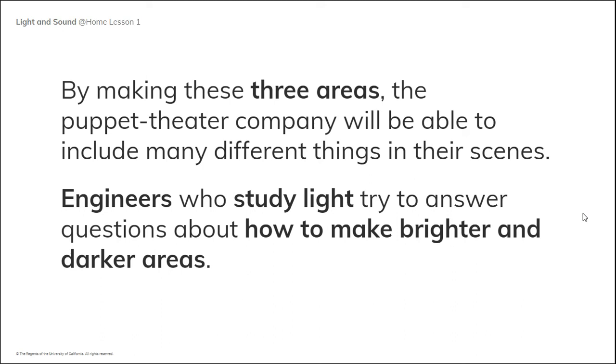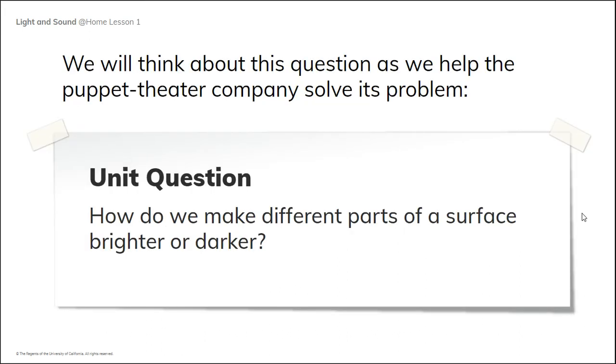Now remember, we are engineers who study light. Engineers who study light try to answer questions about how to make brighter and darker areas. And I want you to think about this question.